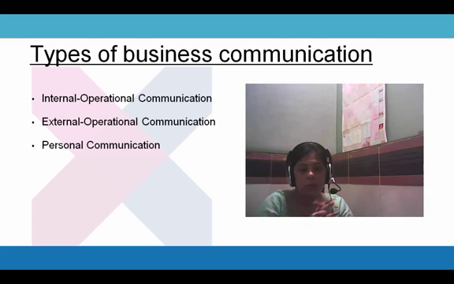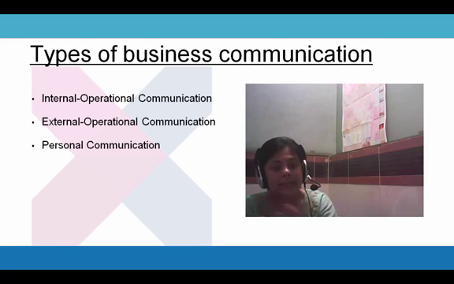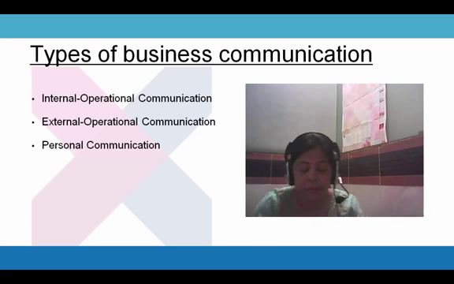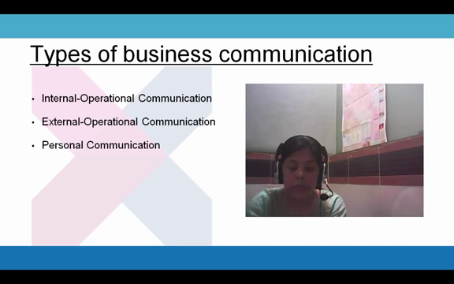So we come to external operational communication. This is communication by the organization, by the business, to external factors. For example, communicating to the income tax office, and whatever external offices the business has to deal with. That can be the customers, then that can be the suppliers.